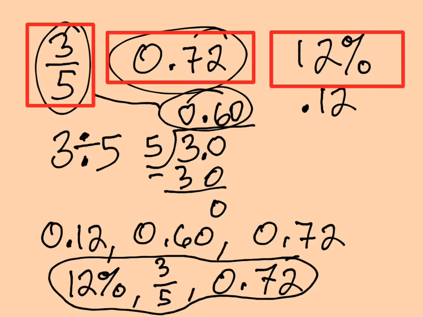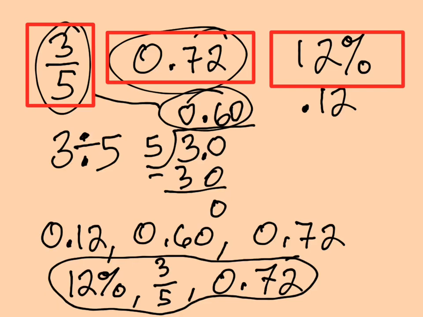And that's really what we just need to do to put those in order from least to greatest, or even to compare them, because we now know that 12% is less than 3/5, and 3/5 is less than 0.72. And that means that 12% is less than 0.72. And then we could do the greater than versions of those as well. But we know what they are in order, so we know how we can compare them.